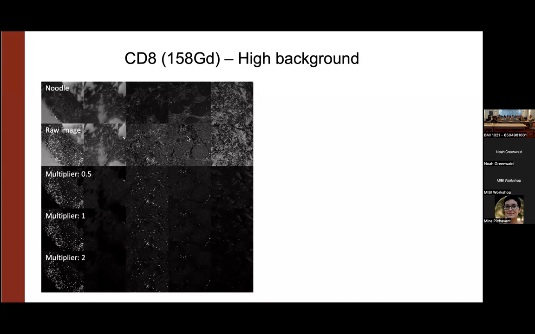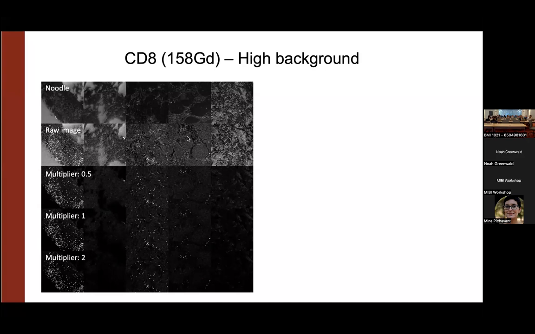But before applying it to your whole cohort, all the FOVs, you want to test if the default multiplier, for example, is a good one to use for your cohort. So we'll stitch together 5 or 10 or 20 FOVs from your cohort, and then you can check how the whole matrix applies to all those different FOVs.